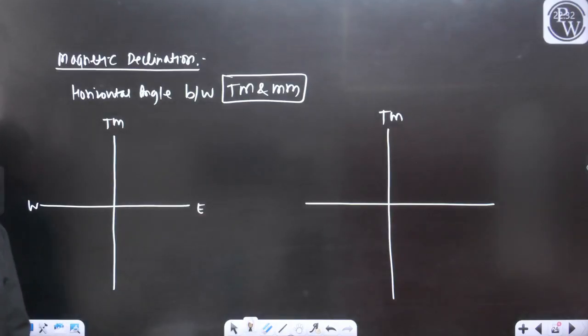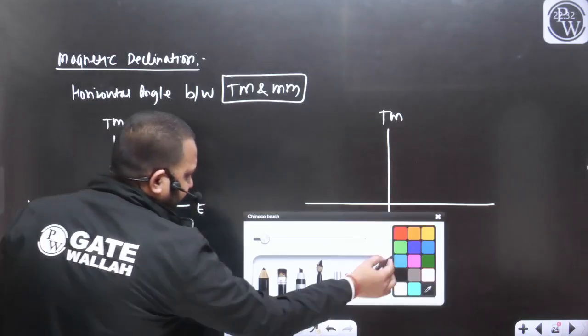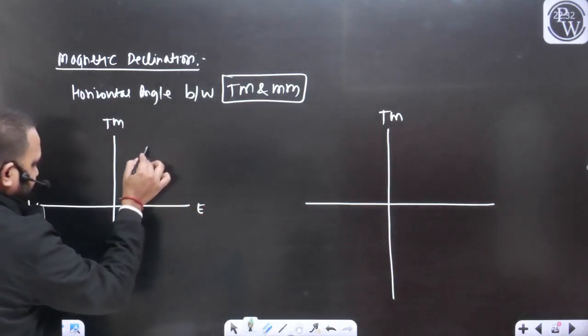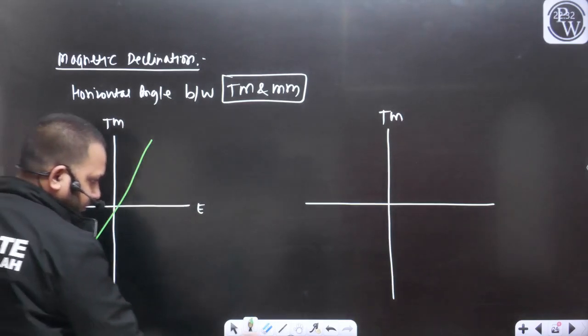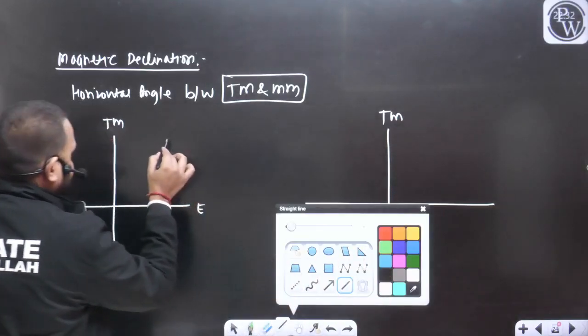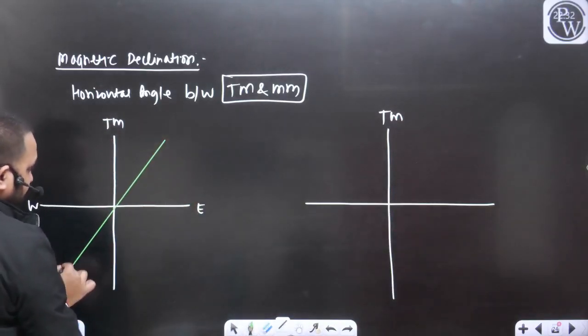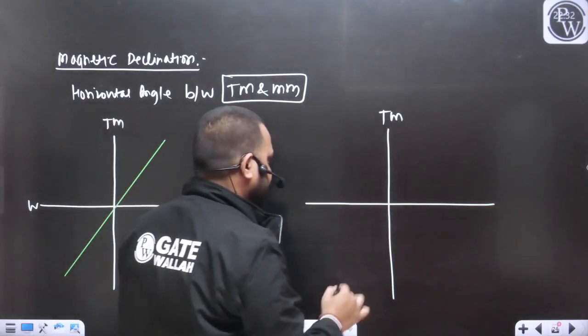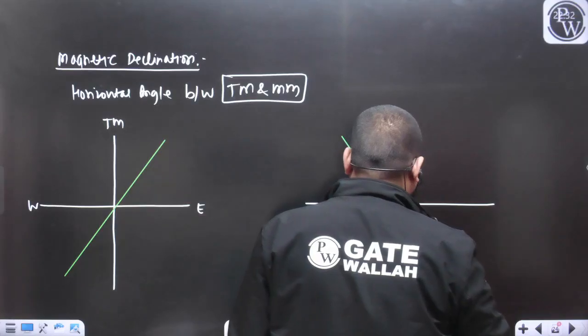Listen carefully. Our position of the magnetic meridian may be something like this, or the position of the magnetic meridian may be something like this.